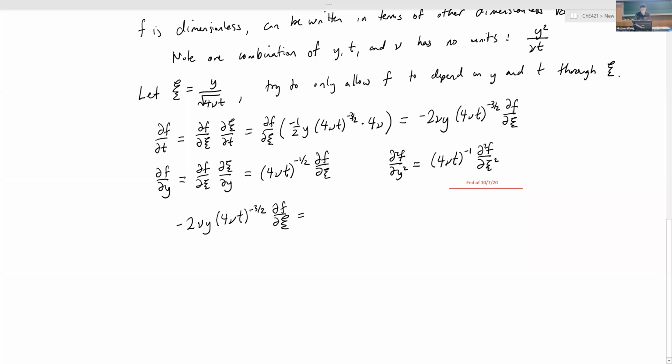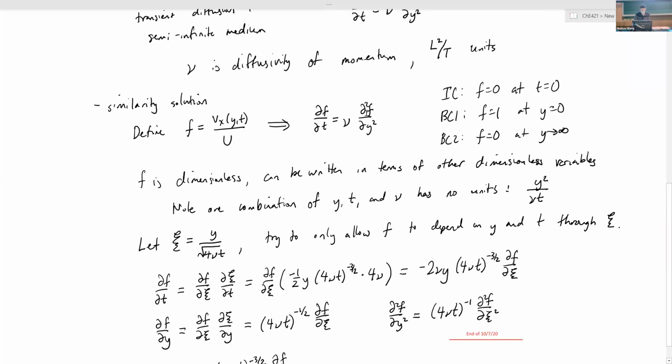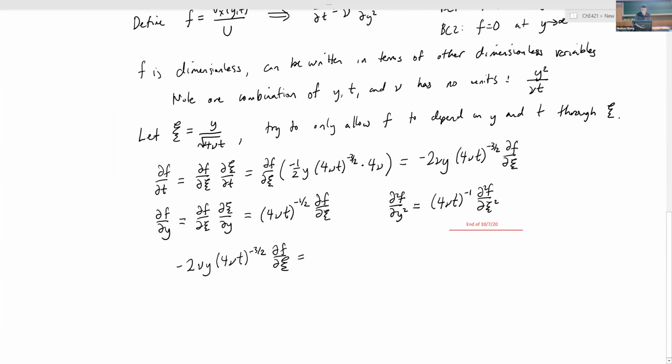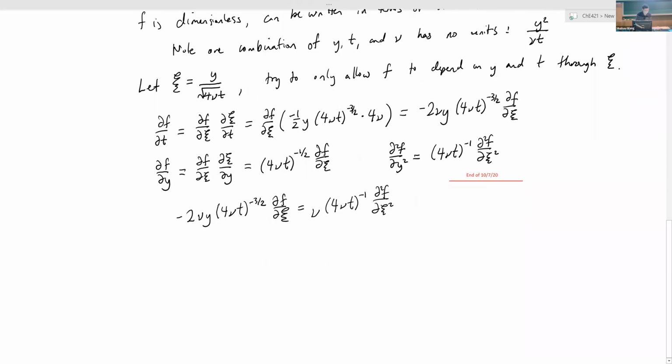The right-hand side is ν d²f/dy². So let me go ahead and do that here. I have a ν, and then I have (4νt)^(-1) d²f/dξ². This allows us to do a little bit of cancellation. The ν cancels out on both sides, and one factor of (4νt)^(-1) cancels out.